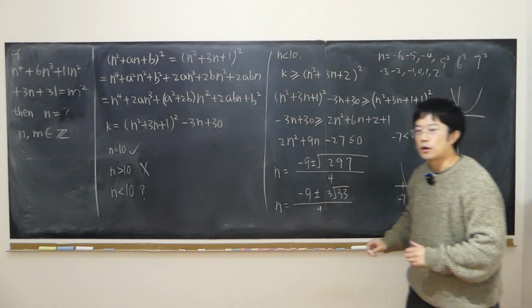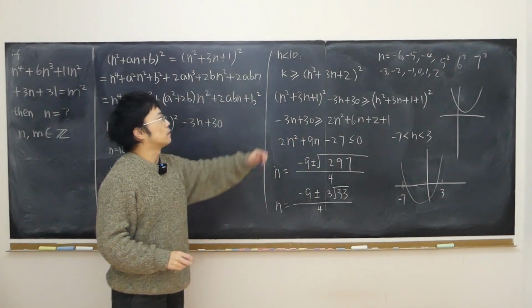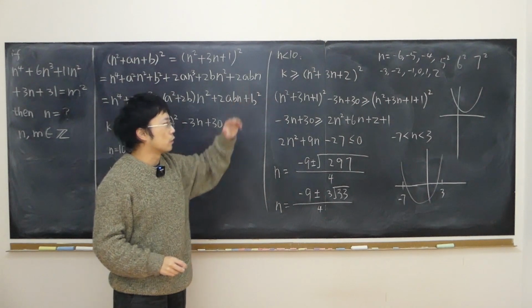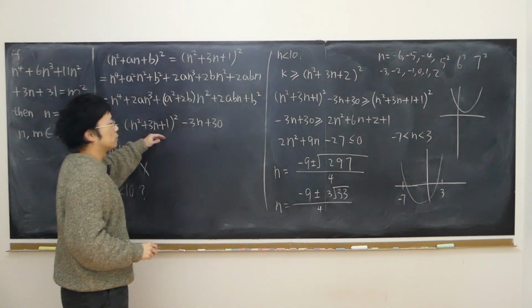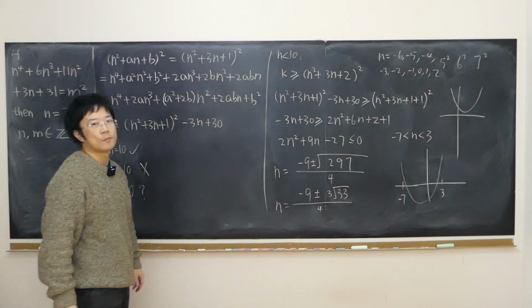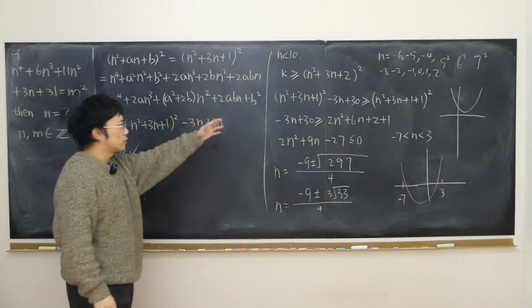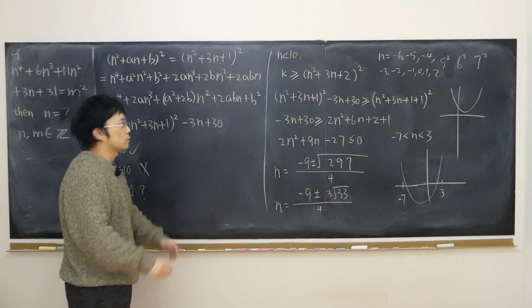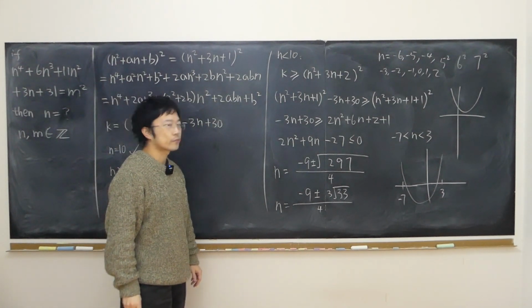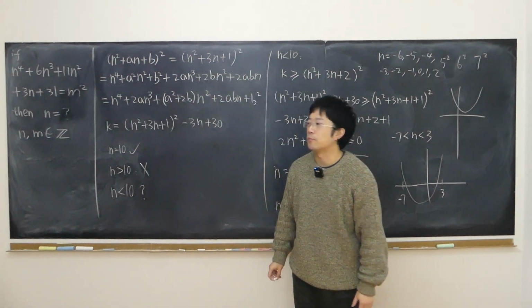This is not saying that as long as n equals the following numbers, this will definitely be a perfect square. Not saying that, but this is the minimum requirement, a necessary condition, right? But we still have to test out every number. So I just skip the steps and reach the final outcome straight away.